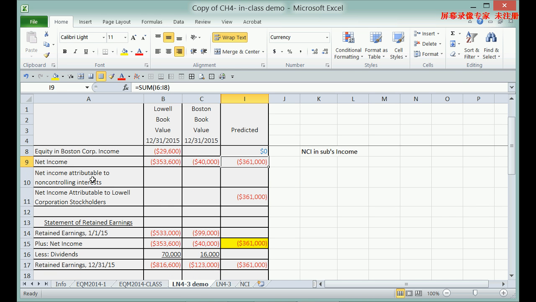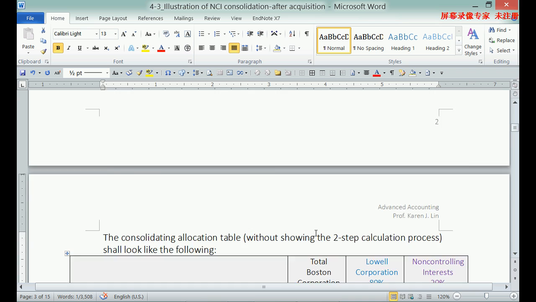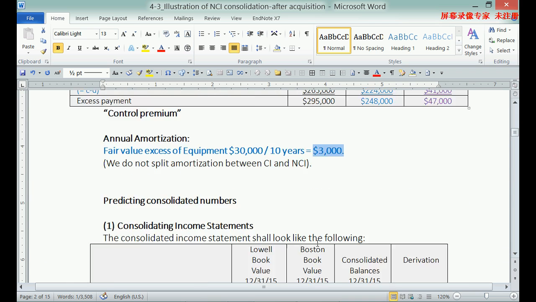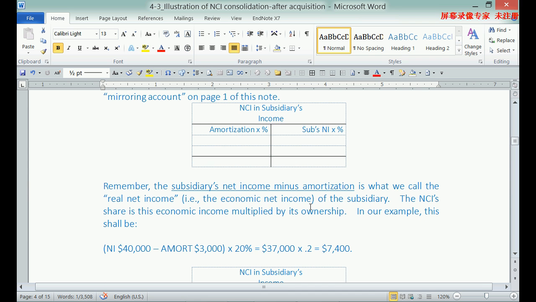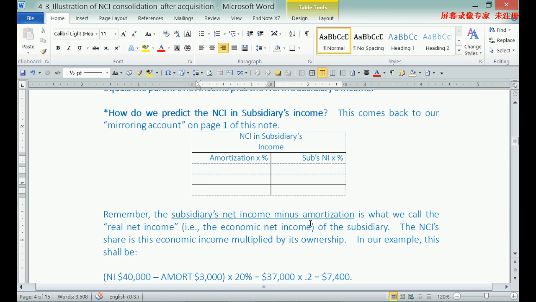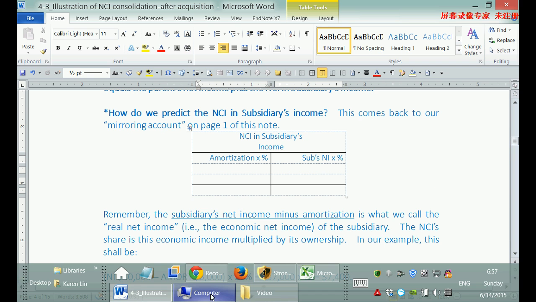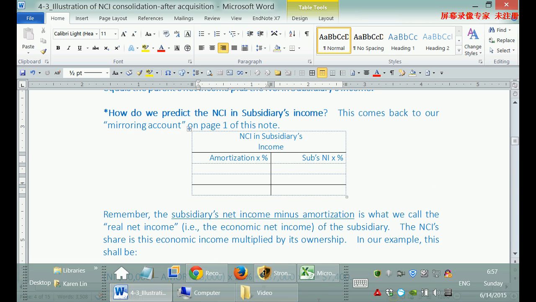Now we need to predict the NCI in the subsidiary, so net income attributed to NCI. How do I predict this number? I hope you remember that we talked about the two sets of accounts that mirror each other. The NCI in subsidiaries' net income mirrors the equity in subsidiaries earnings, which is the sub's net income multiplied by the percentage of the NCI minus the amortization multiplied by the percentage of the NCI. So this is basically the same as our investment account of the parent.